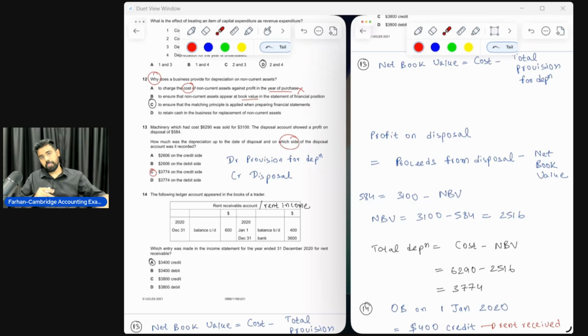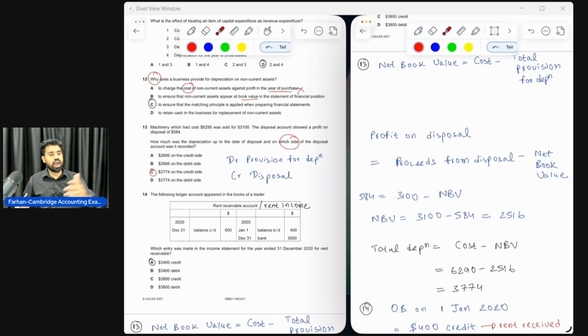Now think about it. When we have provision for depreciation, what is it? It is a contra asset account in classification. And what is the meaning of a contra asset account? A contra asset account records all the reduction for a relevant non-current asset account, and the relevant non-current asset account in this case is the machinery.